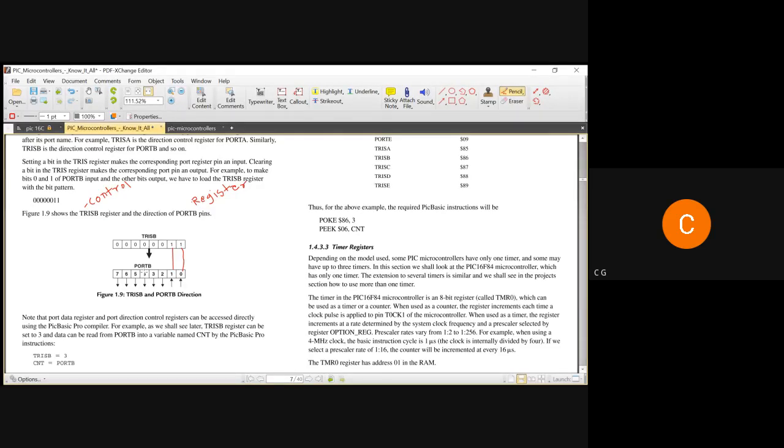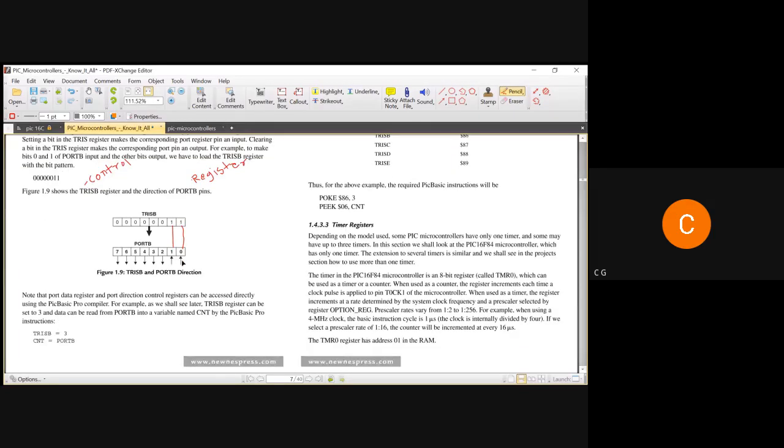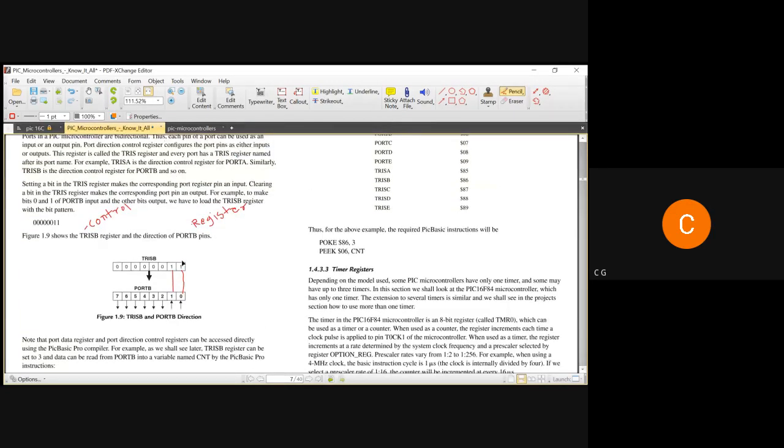So you can have a serial communication from these two pins. Then what to do with that data is decided by the program. Port B will be connected to an A to D converter, so you may get some analog signal and want to convert it into a digital signal.